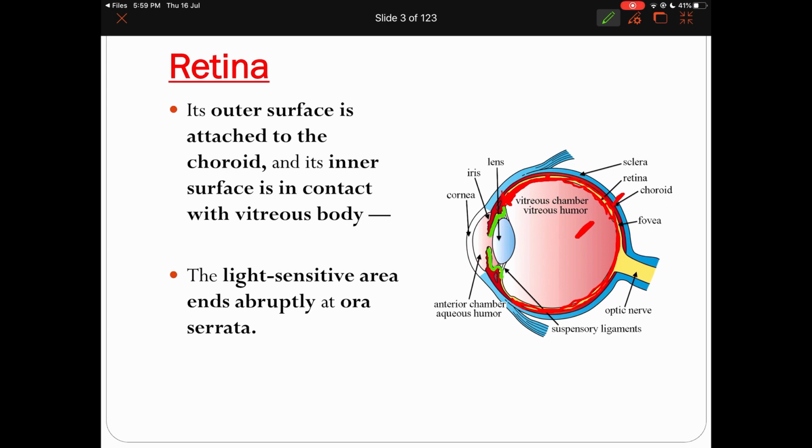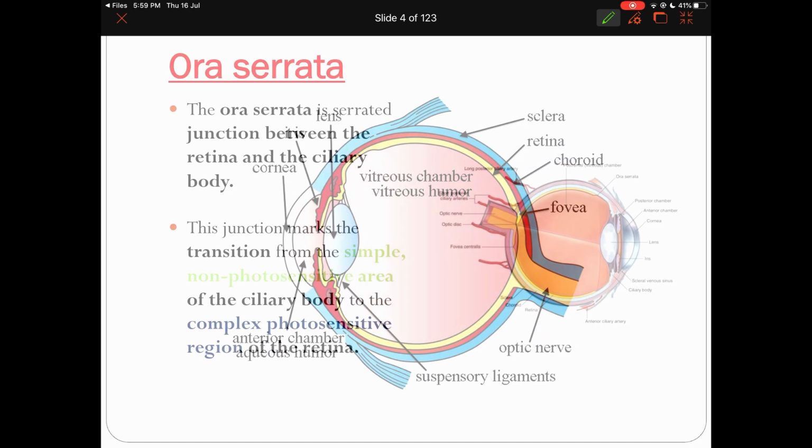This pigmented portion of the iris and ciliary body is continuous with the pigmented part of the retina, which is why it is called the pars iridica retini, and the pars ciliaris retini, but the part behind that is called the pars optica retini. So this is something you are watching in a brief nutshell of the retina.